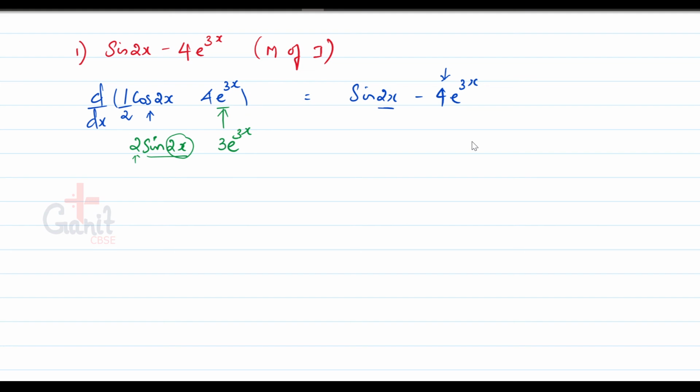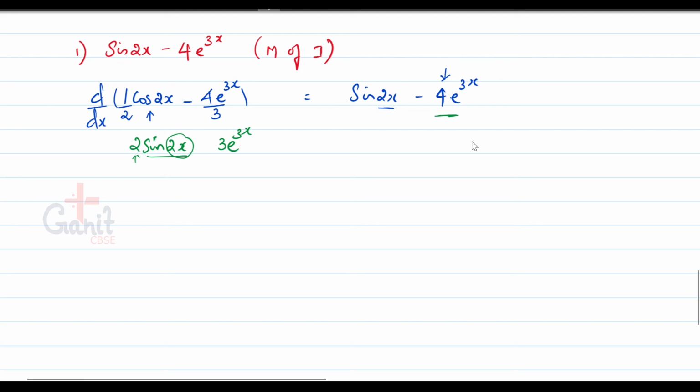But here I don't have the 3, so I have to include 3 in the denominator. I have a negative sign. So this is how we have to inspect, then find the answer.